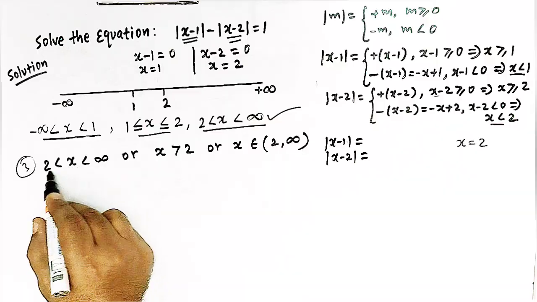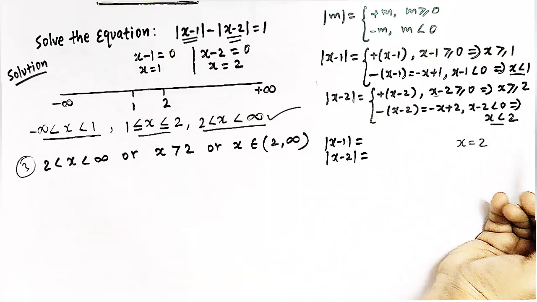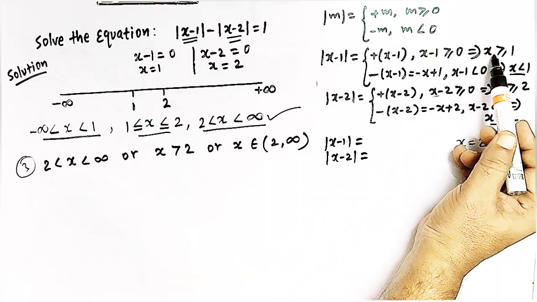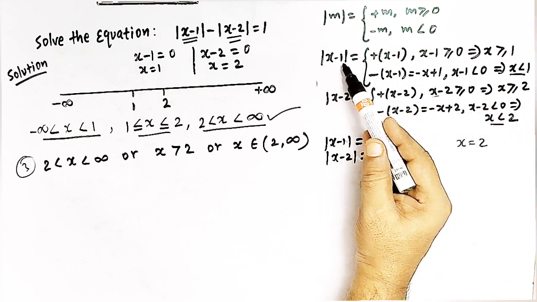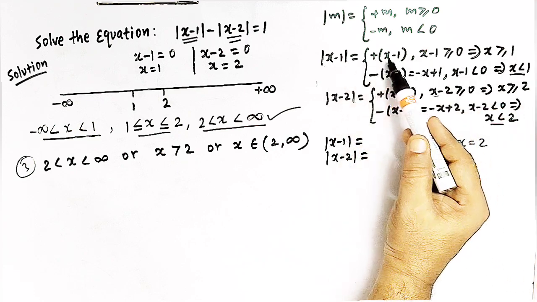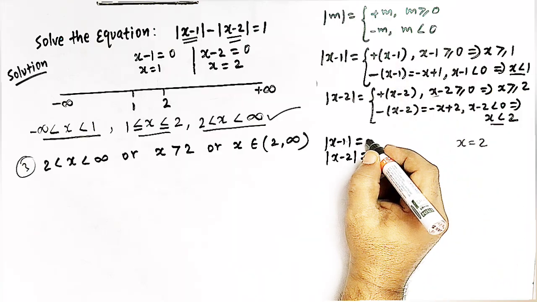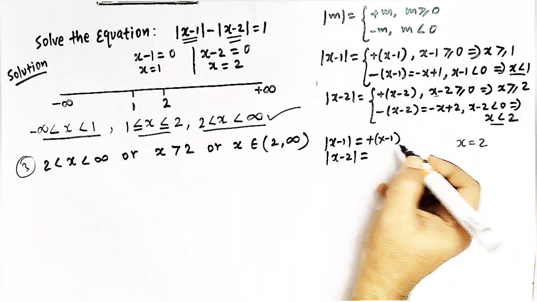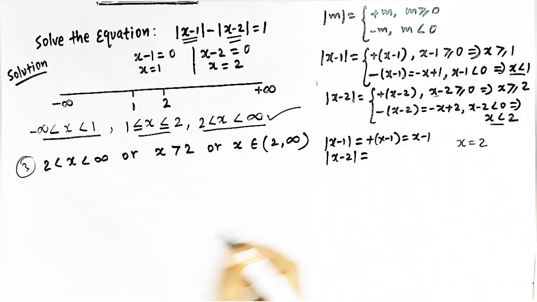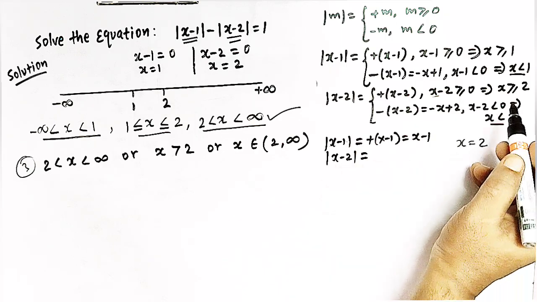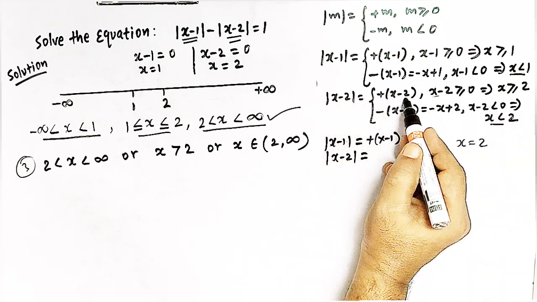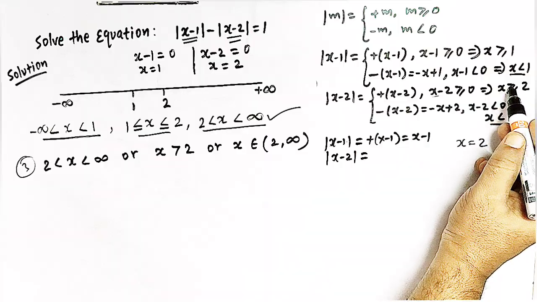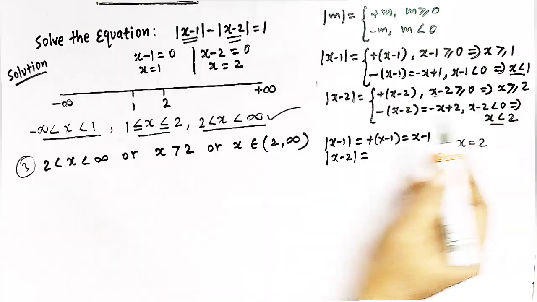So here x is greater than 2, and here we have x greater than or equal to 1, then mod of x minus 1 is positive x minus 1. So here we have positive x minus 1, that is simply x minus 1. And here we have mod of x minus 2 is positive x minus 2 when x is greater than or equal to 2.